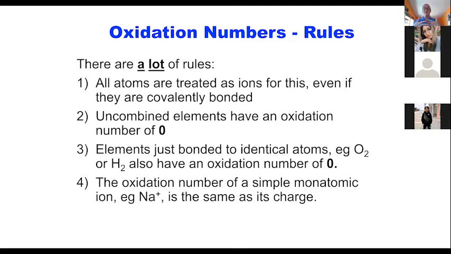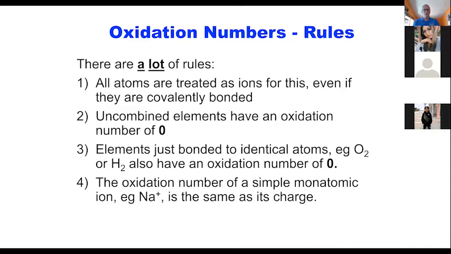So if an element is in its most stable state, in other words, oxygen, O2, hydrogen, H2, nitrogen, N2, fluorine, F2, if they're uncombined with other elements and just bonded to itself, then they have an oxidation number of 0.